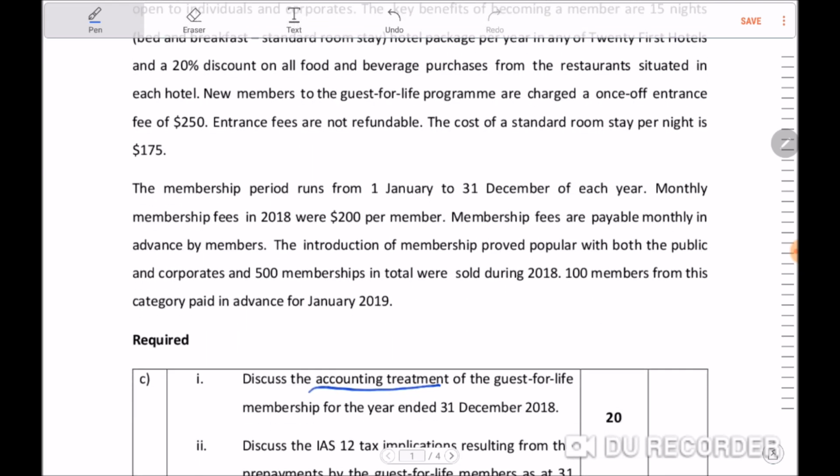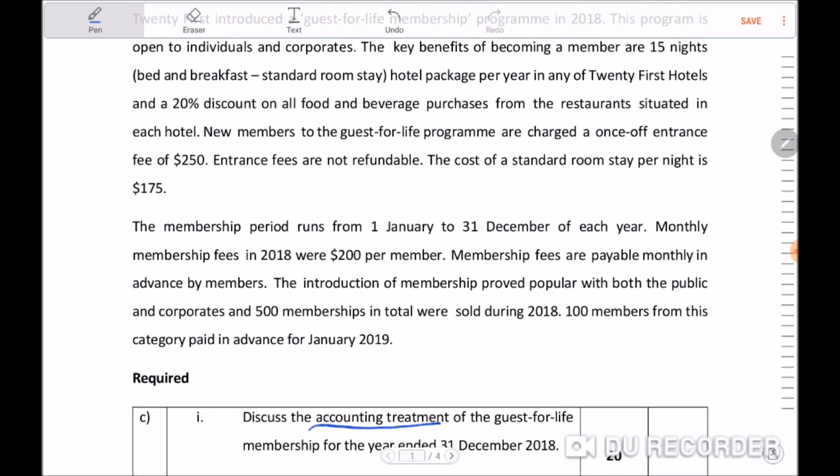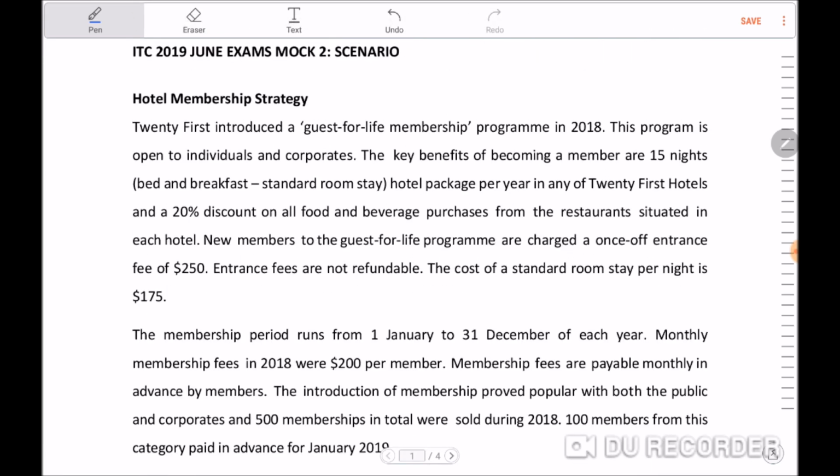Now, required C part 1 wanted us to discuss the accounting treatment. So the accounting treatment should tell us how we recognize, measure and record the guest for life membership program in 2018. So for us to be able to do this, we go through the specific section from the scenario which I've scoped out under the heading Hotel Membership Strategy.